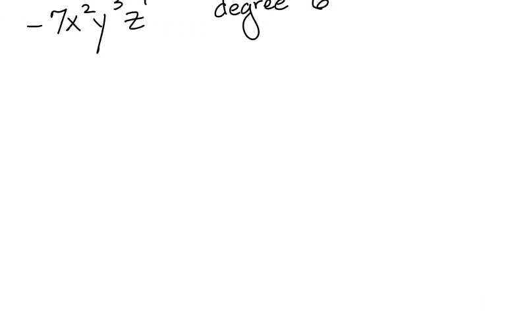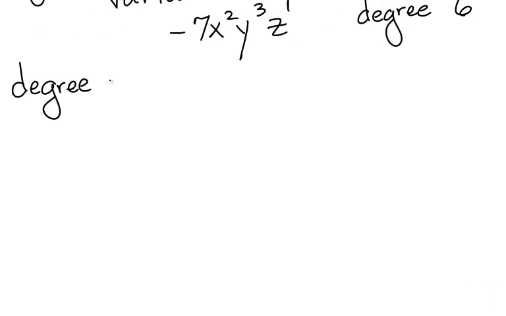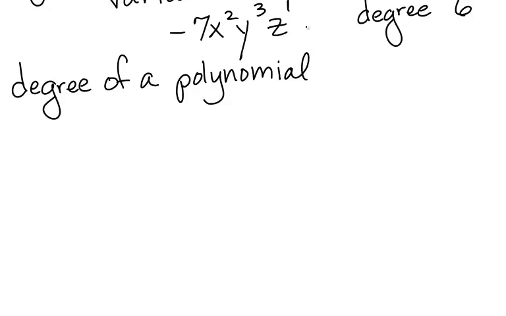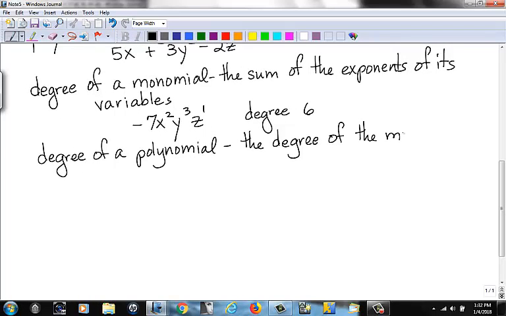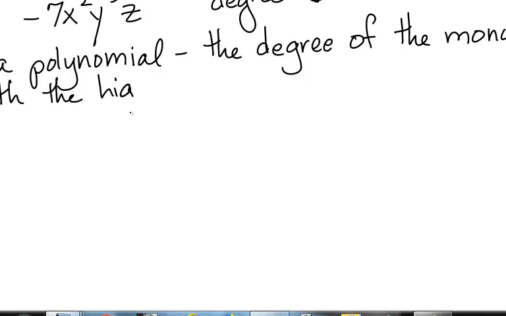The next one they do is the degree of a polynomial. The polynomial is many terms, so the degree of the polynomial is the degree of the monomial with the highest degree. So you look at each term.